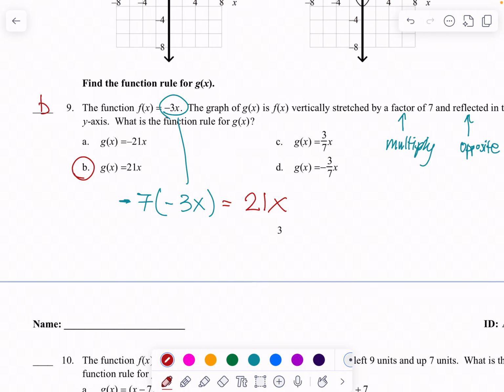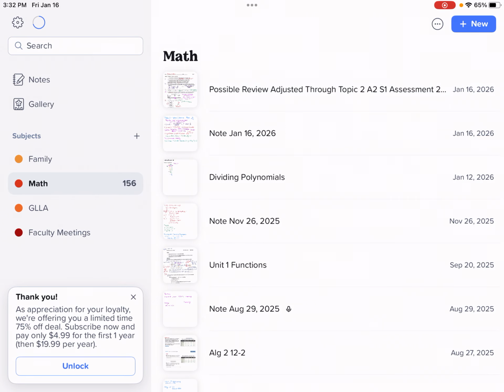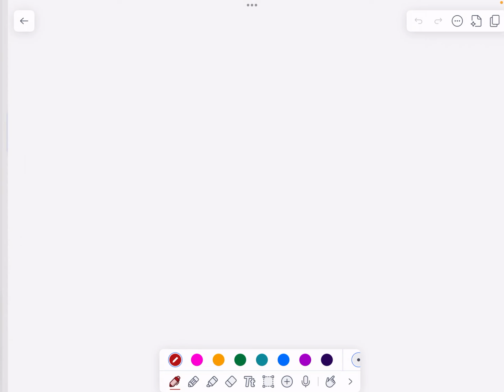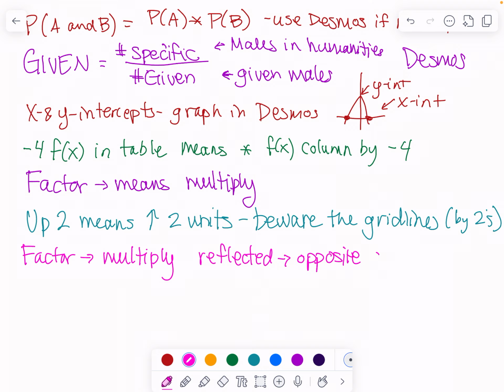So the things I would want to note are: factor means multiply, reflected means opposite, and then you literally multiply, right? Multiply by 7, and opposite just means the opposite of whatever it was. It was negative, so it would make it positive. So I'm going to put here: factor, multiply; reflected, opposite sign.